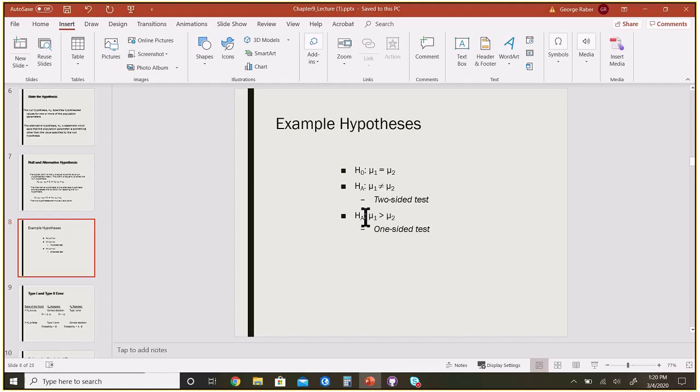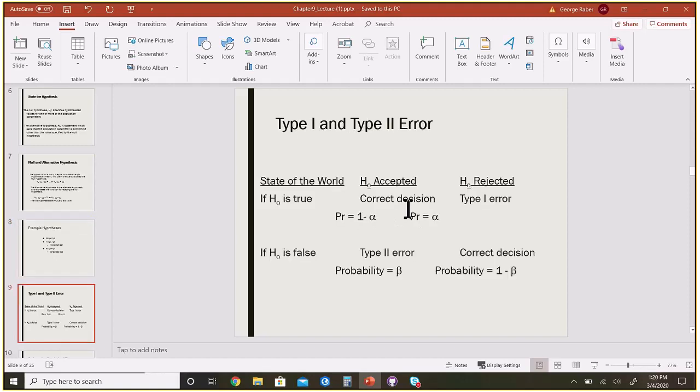So that would be a one-sided test versus a two-sided test. And what that allows me to do is to be a little bit more confident. You'll see that when we draw the things, but there is a distinction between one-sided and two-sided tests here.